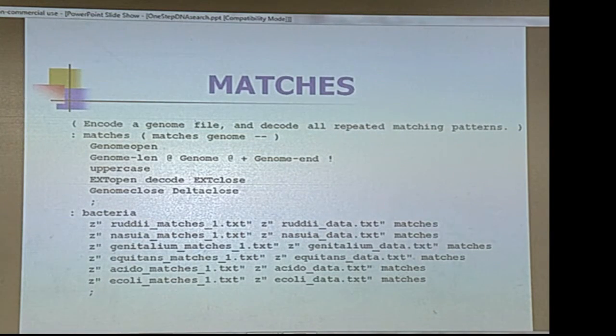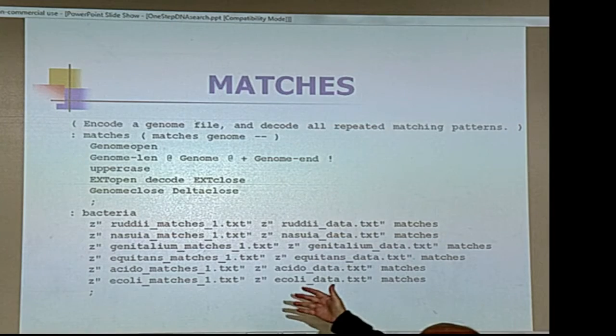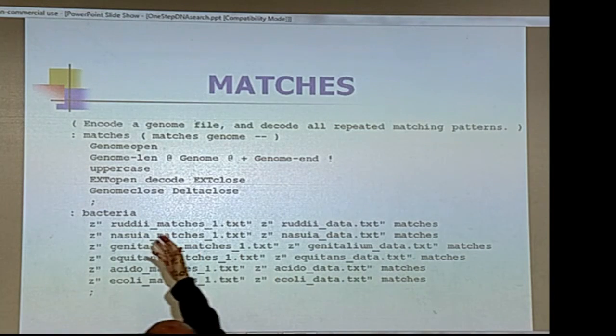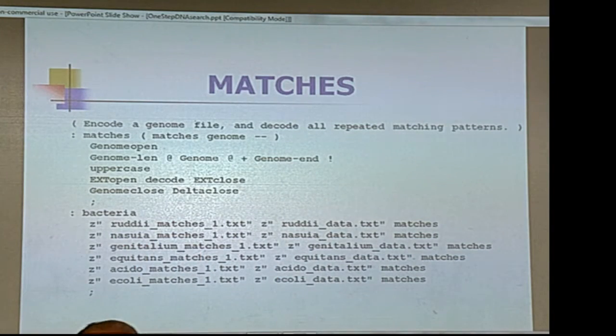And so this one, the final code is this matches would get one file, the source file, open both the source file and the output file, and then do all the processing, write it out, and finally close all the input file and the output file, and then you are ready for the next genome.